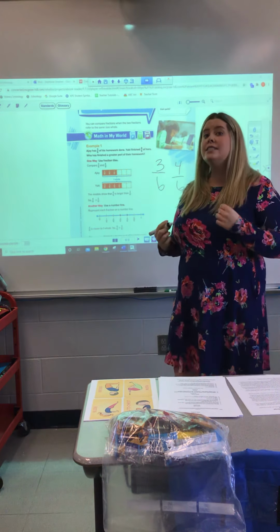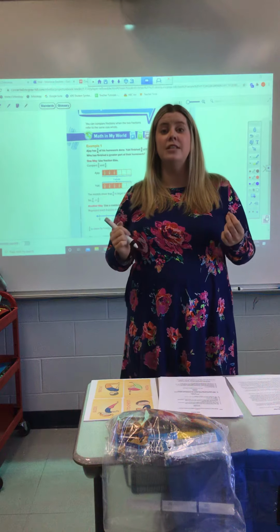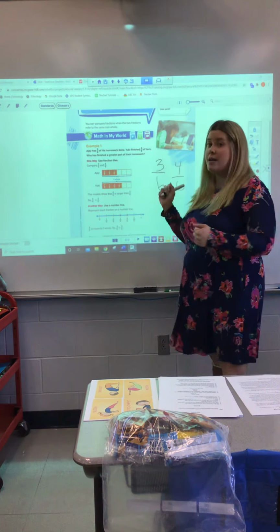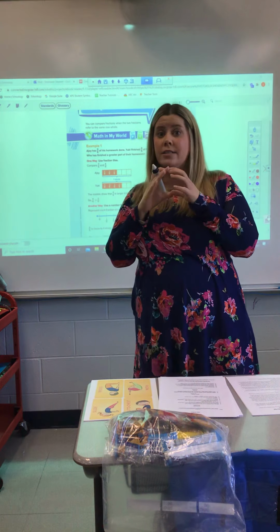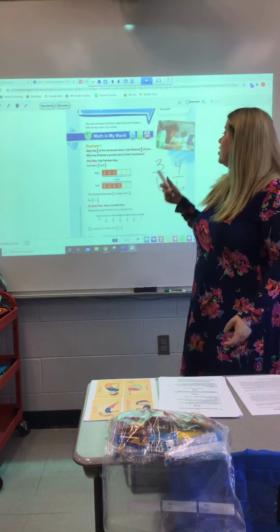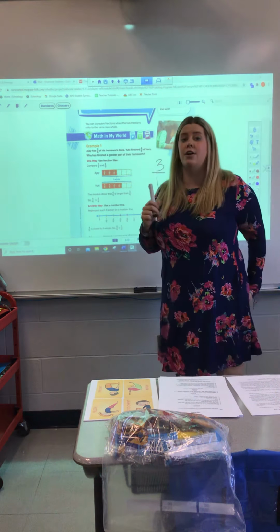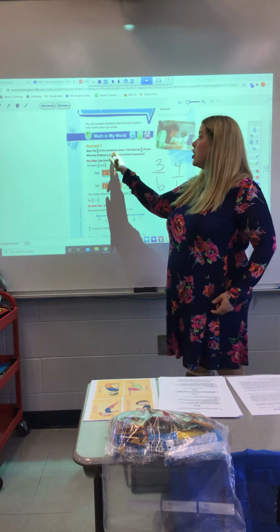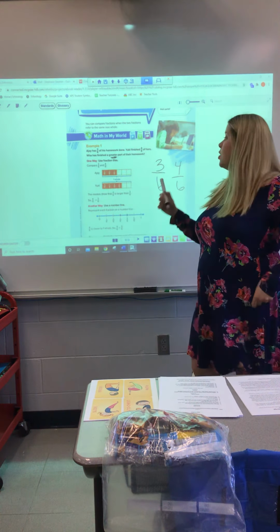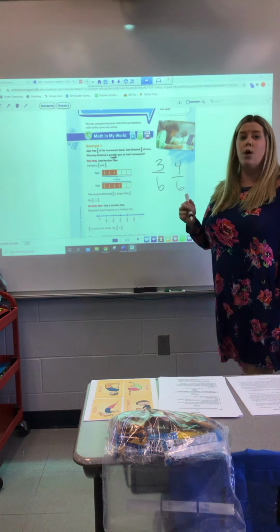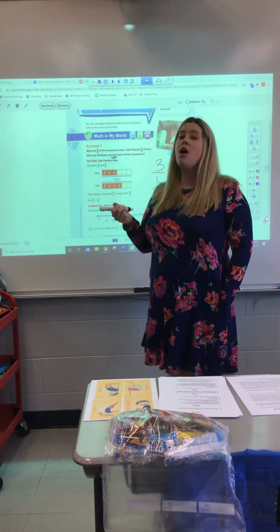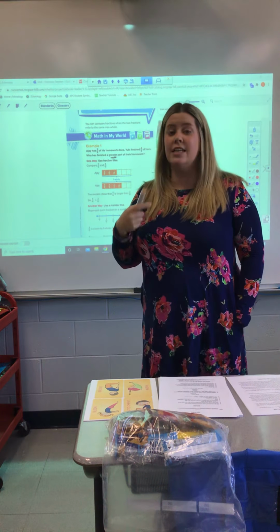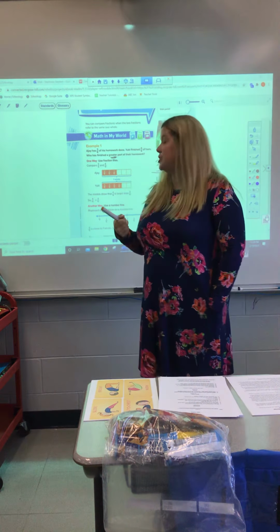Now, anytime that you're comparing fractions that have the same denominator, so that means our whole is divided into the same amount of parts, it's really easy. You just look at your numerator. So if we want to know who has a greater part finished, what number is greater, 3 or 4? Right, 4. Okay, so I already know 4/6 is going to be my greater fraction.